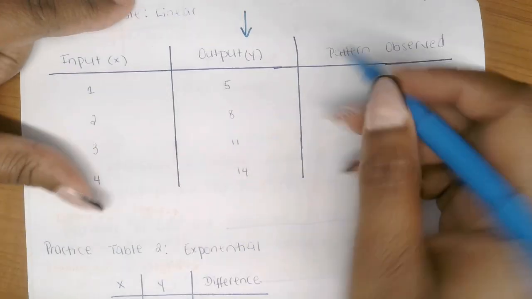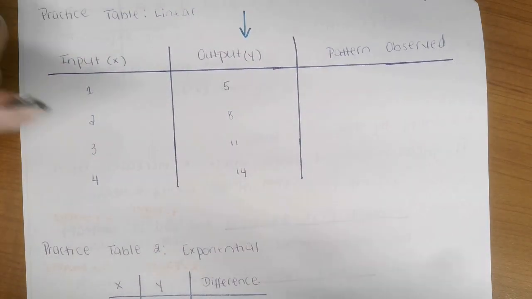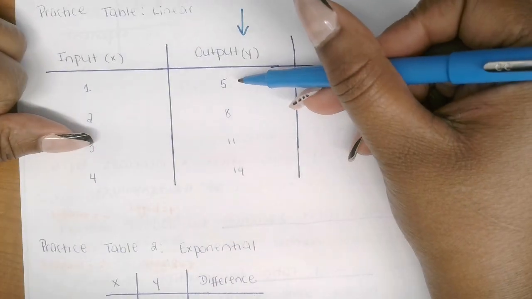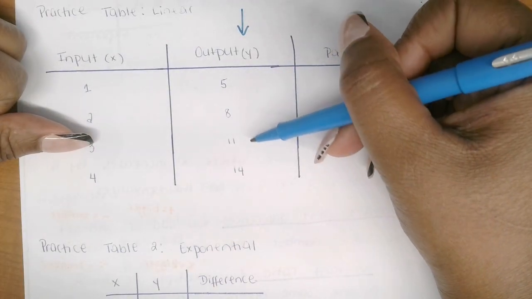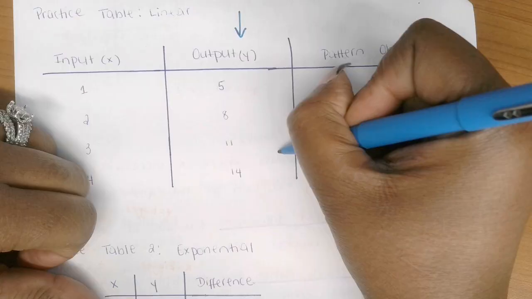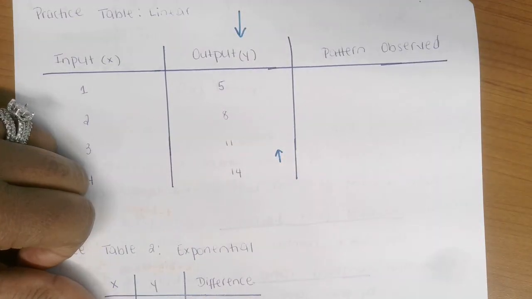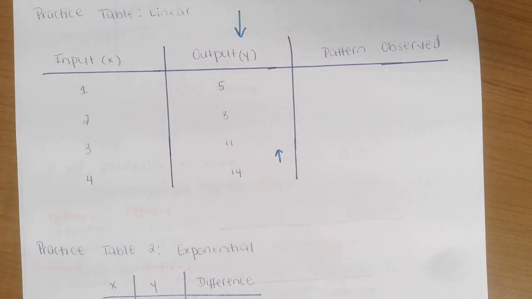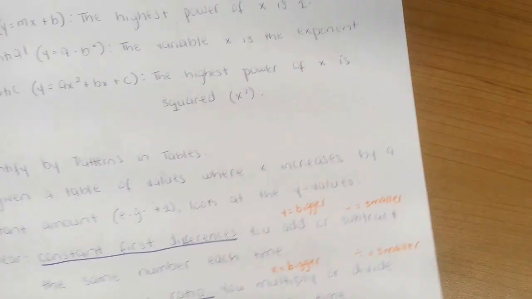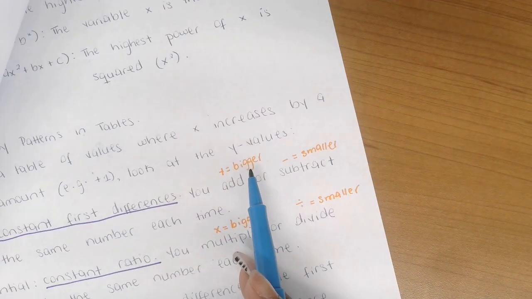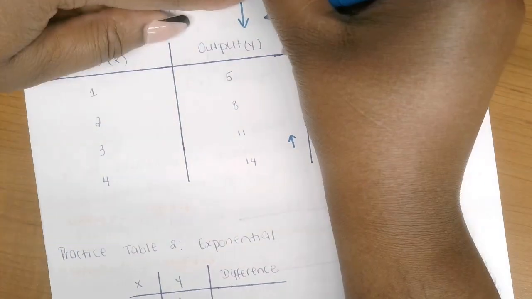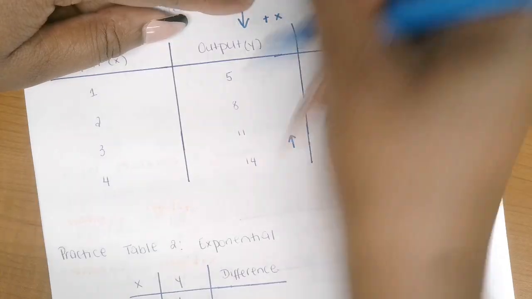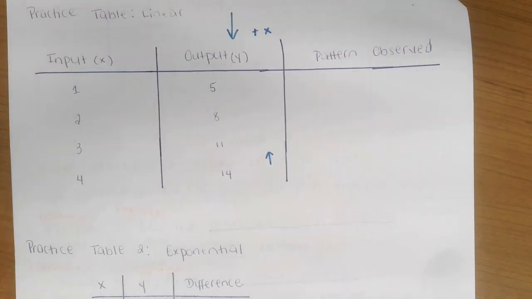So we're going to look for the pattern. We know that we started from 5, and if we're going up to 14, we know we are increasing. So to move from 5 to 14, if we go back to our notes, we know that to get bigger, we're either going to add or multiply to get a bigger number.